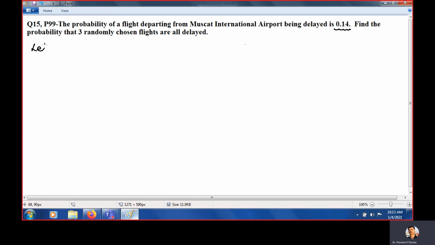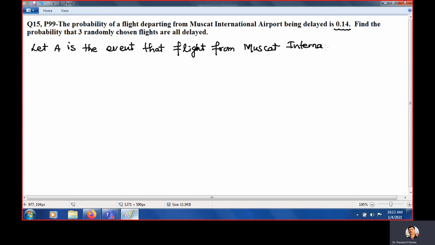Let A be the event that the flight from Muscat International Airport is delayed.